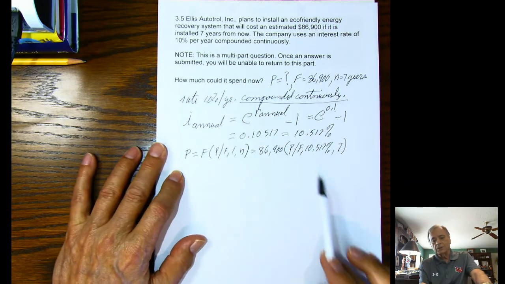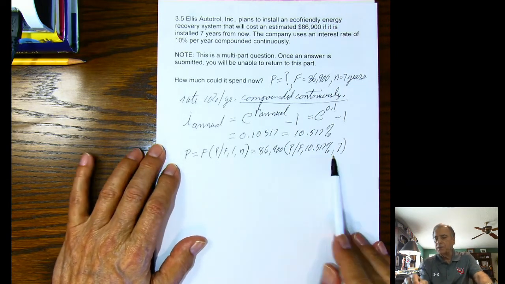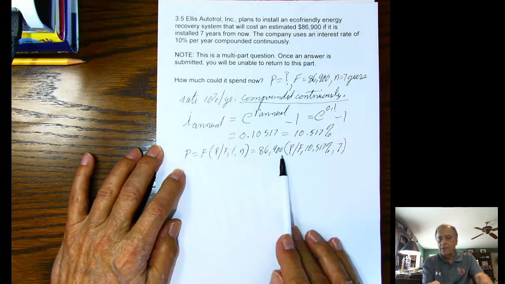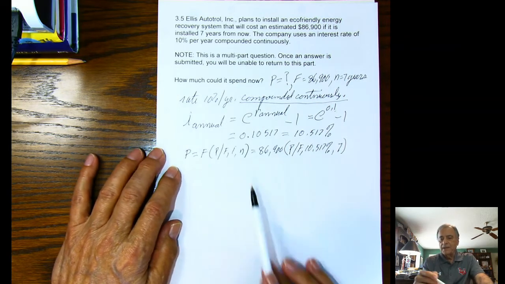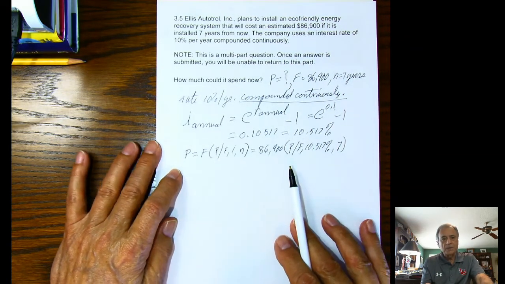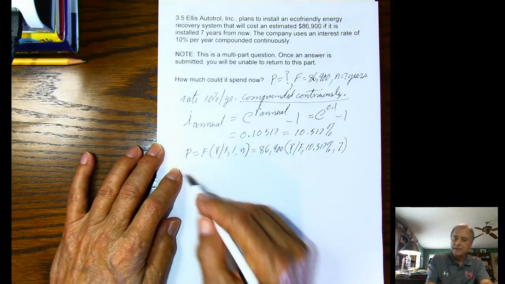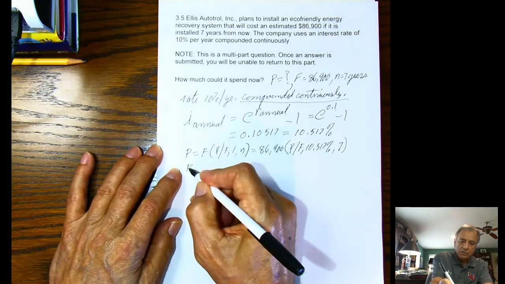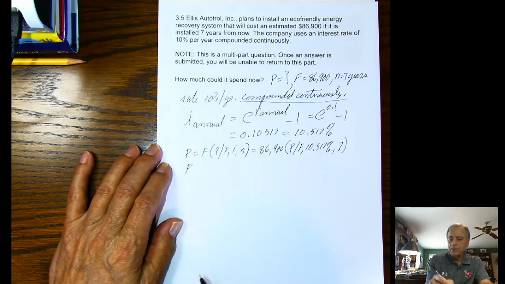Now you can go look that up in your app, or whenever you deal with a P and an F or an F and a P, the equation is very simple. It's 1 plus i to the n or 1 plus i to the minus n. In this case, we're bringing money back in time, so it's 1 plus i to the minus n.